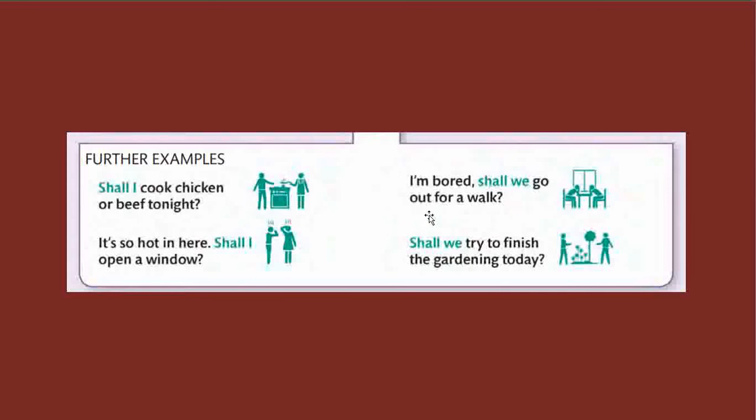I'm bored. Shall we go out for a walk? It is an offer or suggestion rather, suggesting to go for a walk. Shall we try to finish the gardening today? Suggestion. Requesting you to pause the video at this moment and try constructing sentences with similar structures.